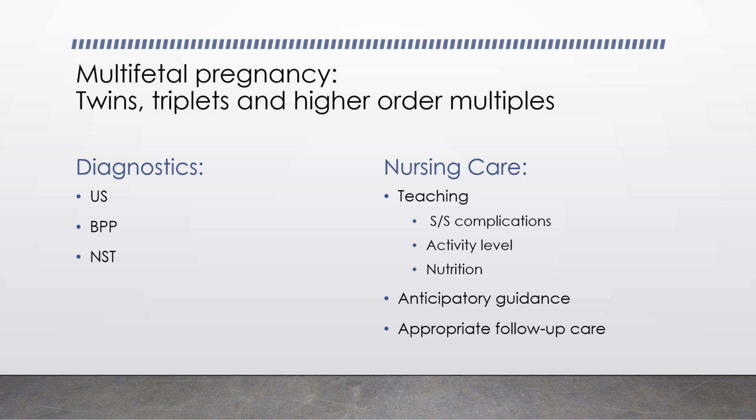They have added nutrition needs because they're growing more than one baby. And we'd also want to provide anticipatory guidance. They have to prepare for more than one baby coming home. So we would want to make sure that they have appropriate follow-up care after the babies are born.